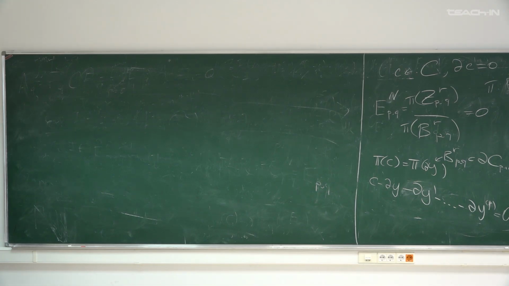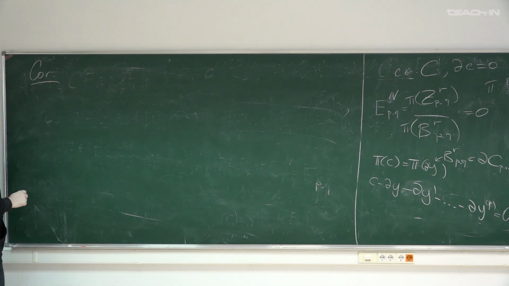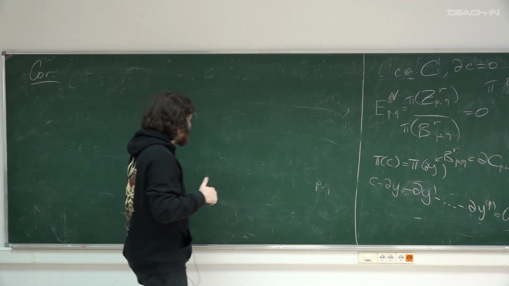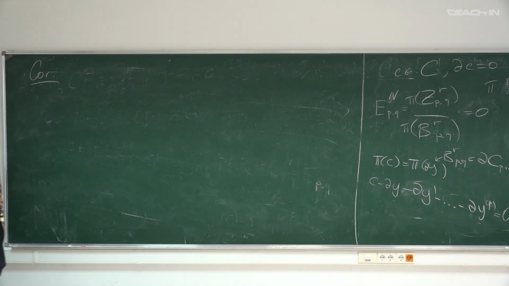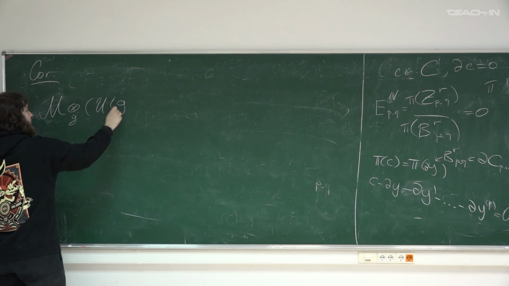Now consequences, corollaries. So I can use this standard resolution to calculate homologies and cohomologies. For example, if I want to compute homologies, I need to consider M tensor over UG of this Chevalley-Eilenberg complex.